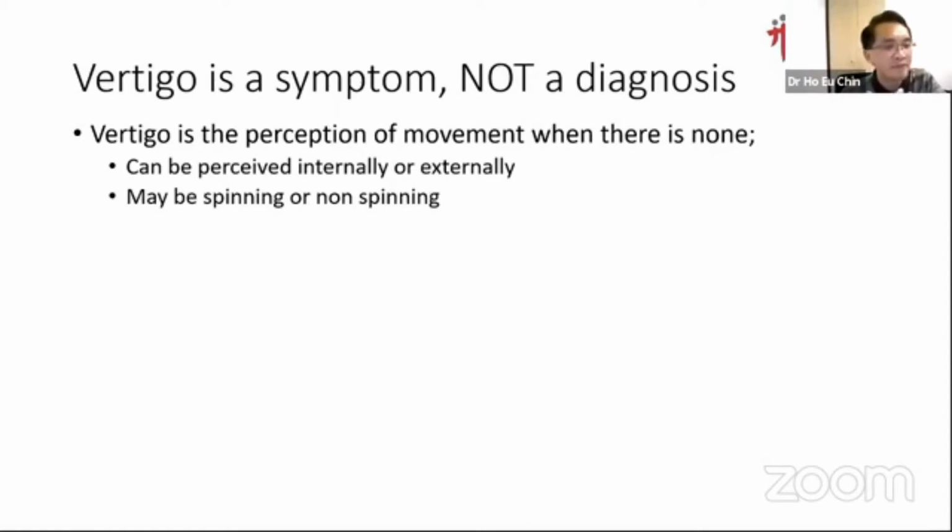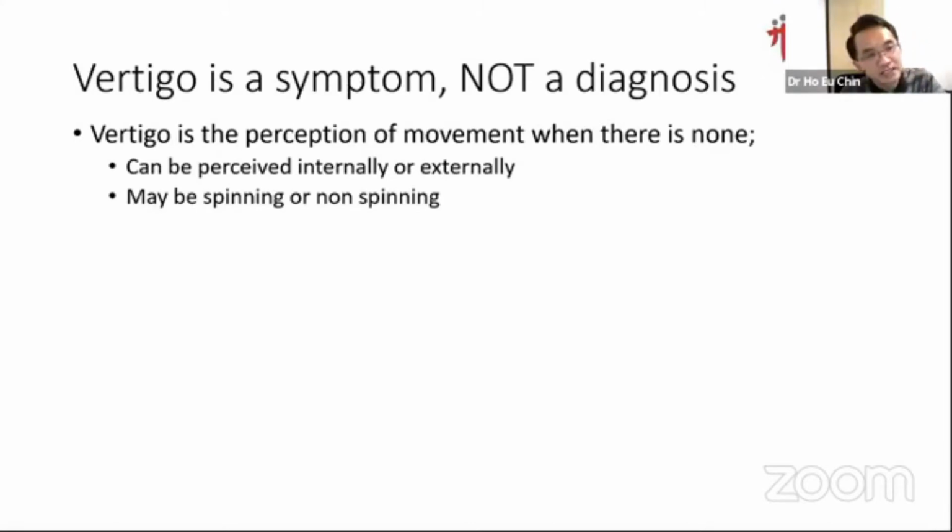I'm just swaying. I feel that I'm swaying inside. So that becomes an internal, non-spinning sort of vertigo, right? So there are four types altogether. And I think as the patient, you don't have to know the significance, because that is for the doctor to match your symptoms with the diagnosis.